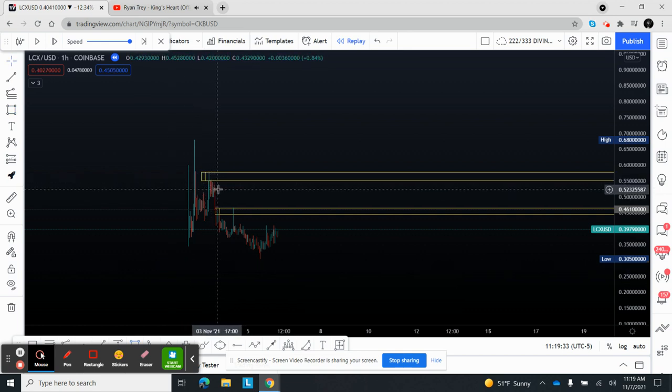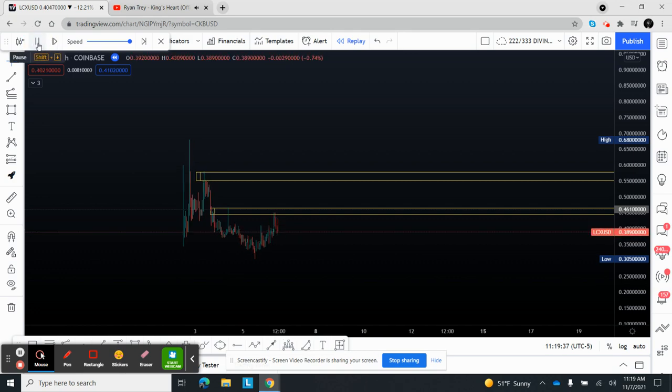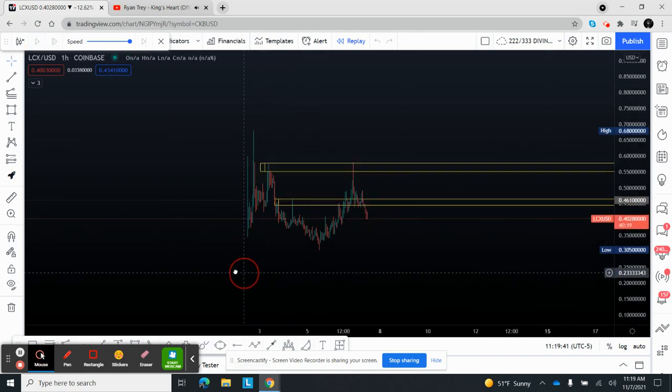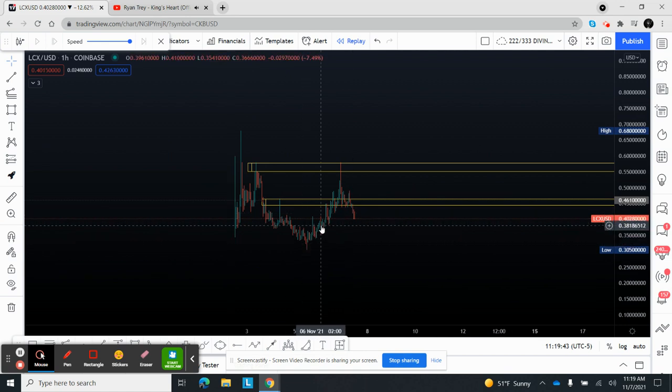Of course, you got one right here too, but I don't want to put too much on there. But you get it, all right? Boom. You see what happened? The zones that we had marked up, they were hit. That's market structure. Simple.